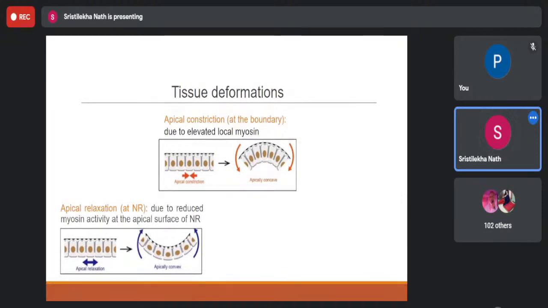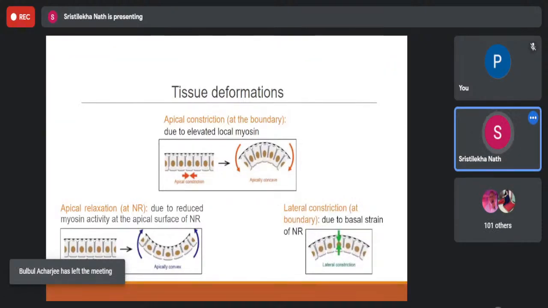Here the surface is apically convex, whereas the apical constriction was apically concave. And the last tissue deformation they outlined was lateral constriction at the boundary, along the apicobasal axis. That's why I talked about the polarity, that it was towards the tissue thickness, and they called it lateral constriction. As I have shown, it was found to be due to the strain produced at the basal surface.